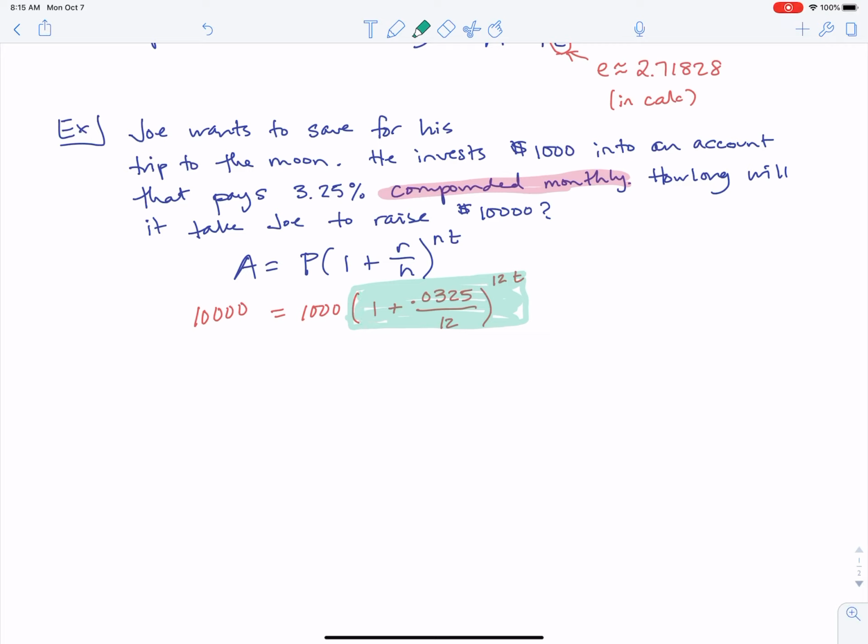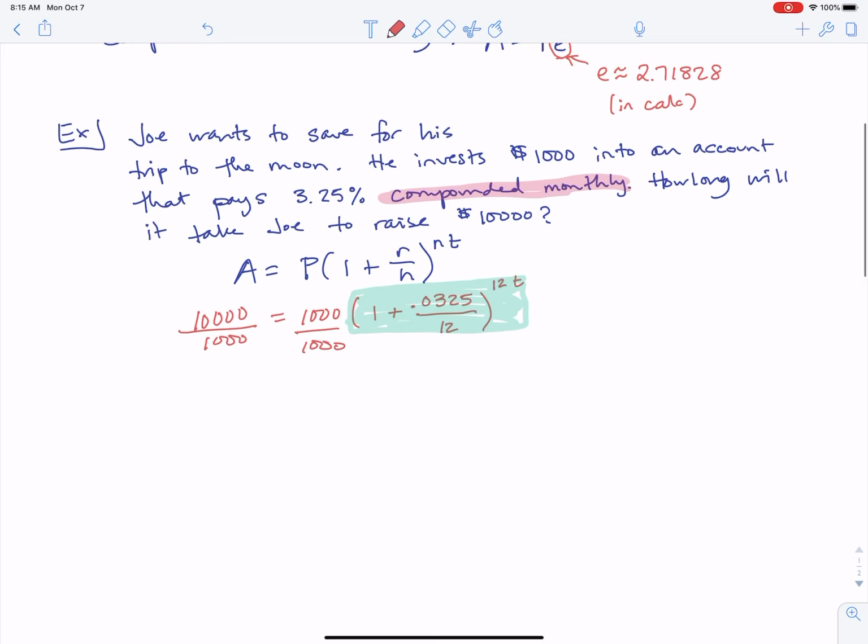So to do that, we are going to divide both sides by 1,000. All right, so 10,000 divided by 1,000 is going to be a lovely little 10. All of these numbers right here in the parentheses, you can go ahead and combine and put those together.